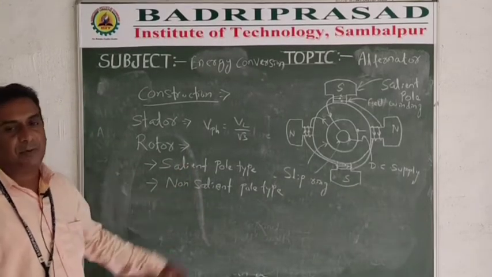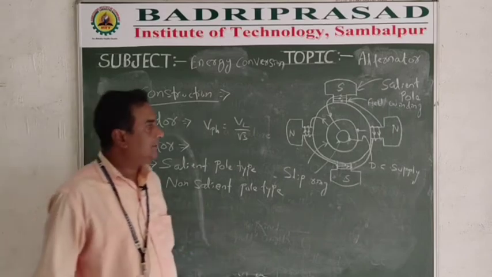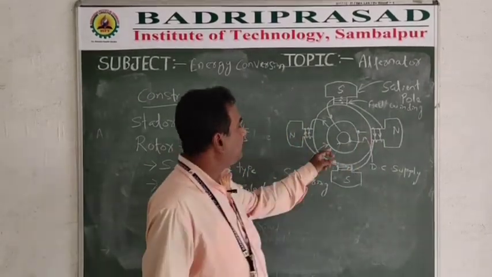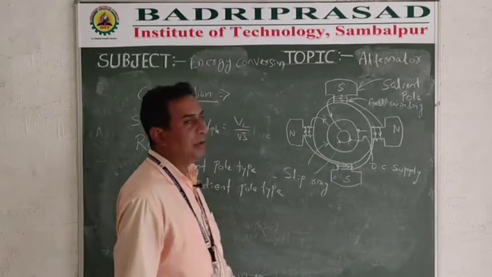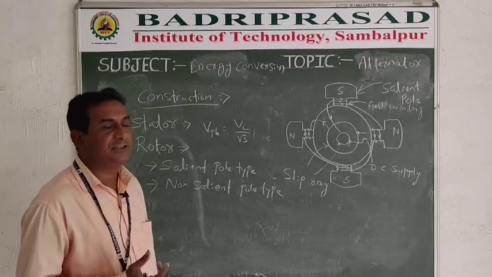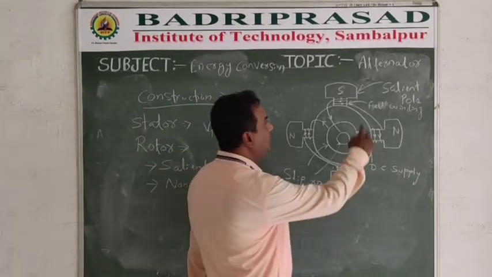In today's class, we only discuss the salient pole type rotor. You see, this is a 4-pole salient pole type rotor. Salient means projecting, so a salient pole means a projecting pole.